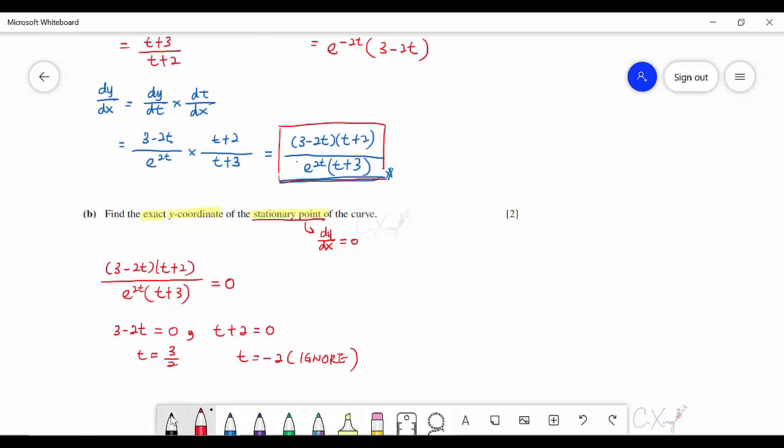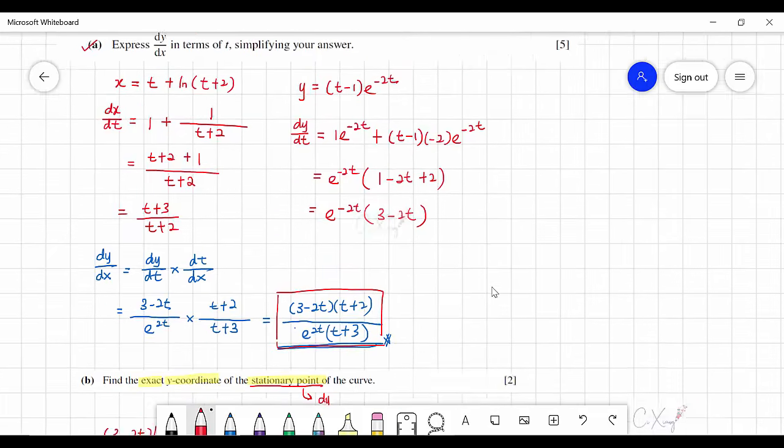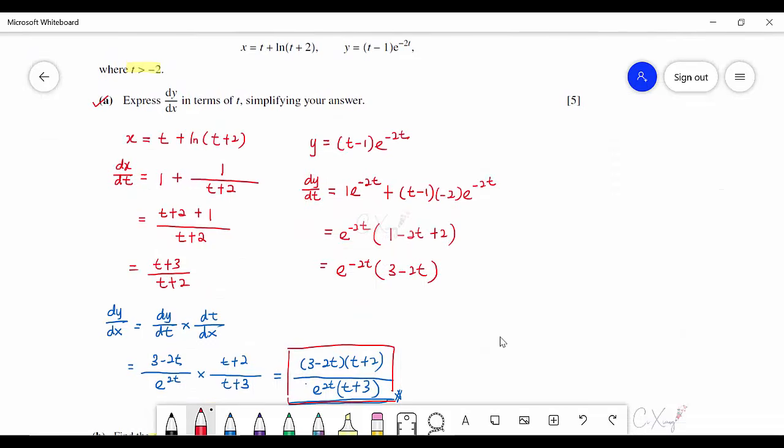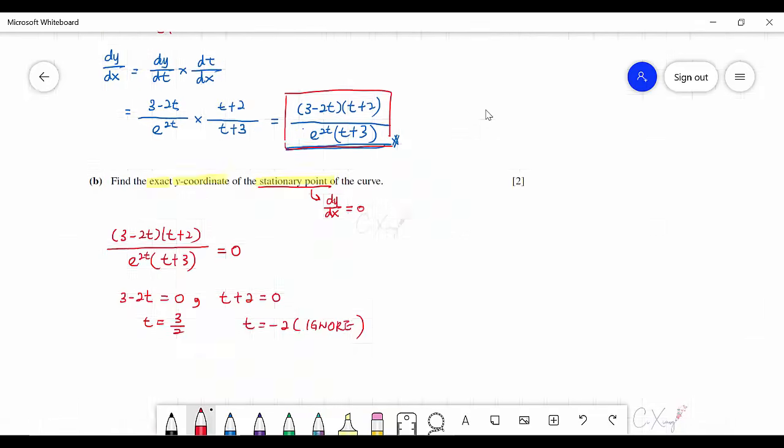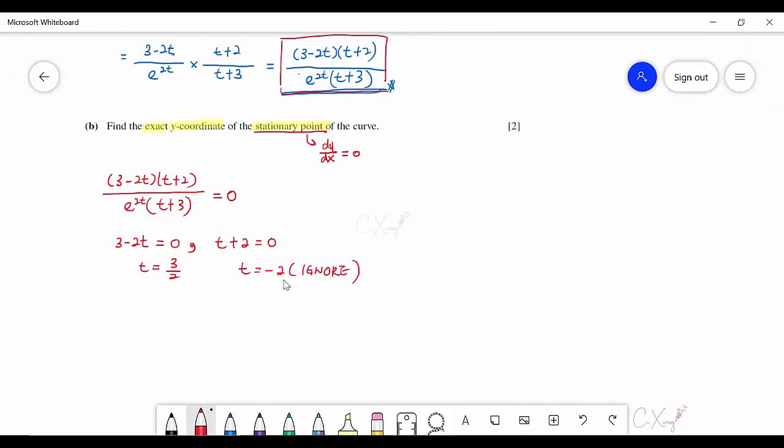Why do I ignore this value? As I emphasized just now, if you look at the domain defined in the question, t should be greater than negative 2, which doesn't include negative 2. Therefore, I should ignore this value.